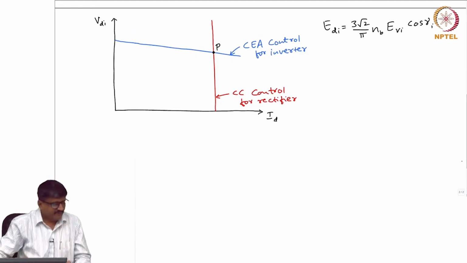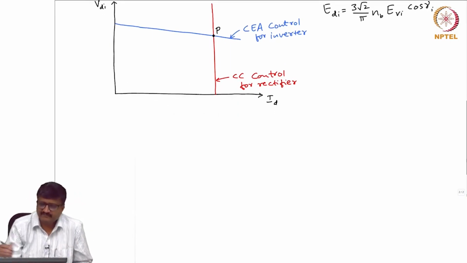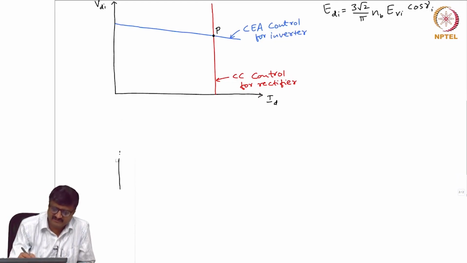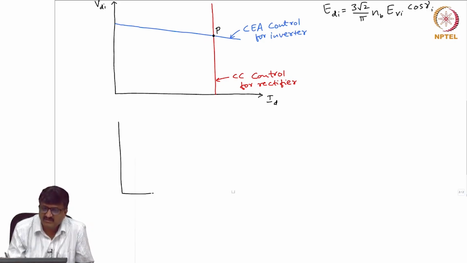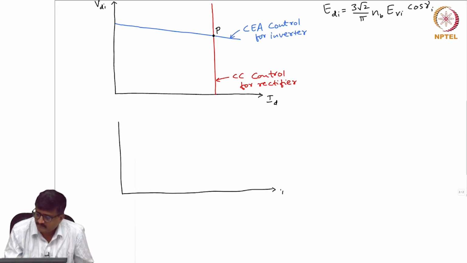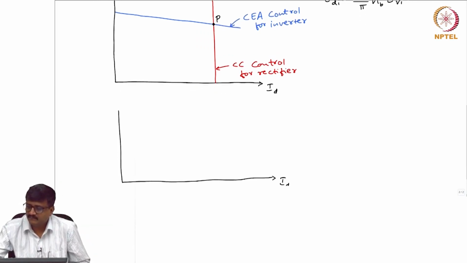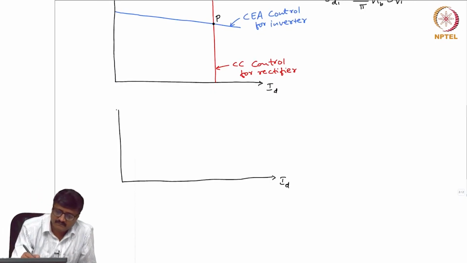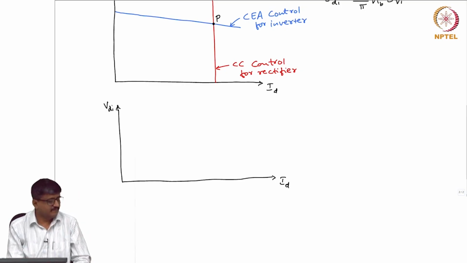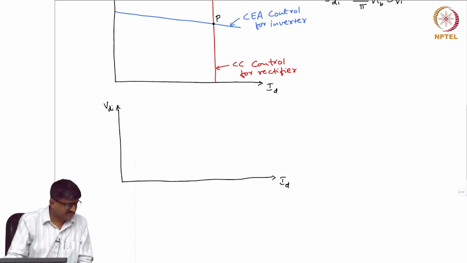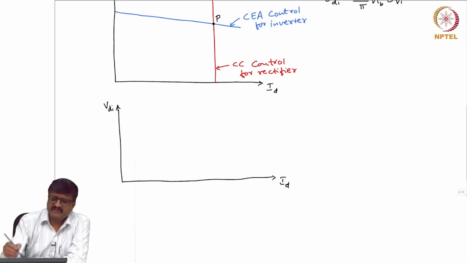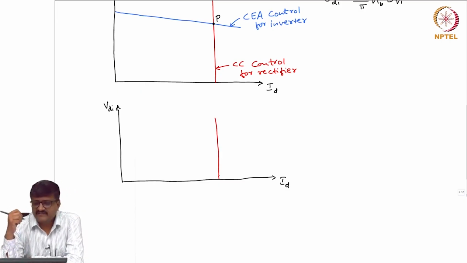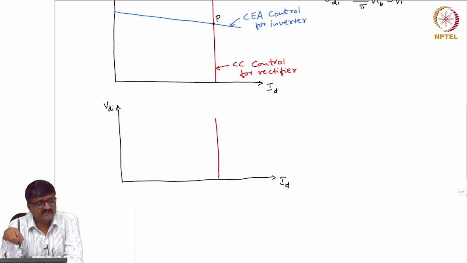But sometimes, if I take the same graph, VDI as a function of ID, and take this constant current, the least value of VDI along this red line is 0.